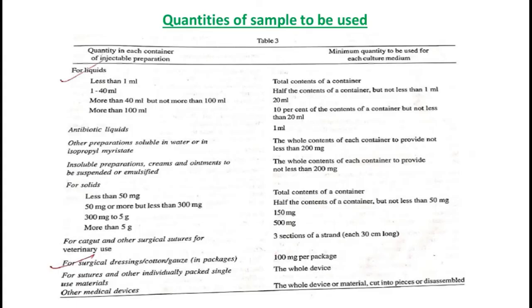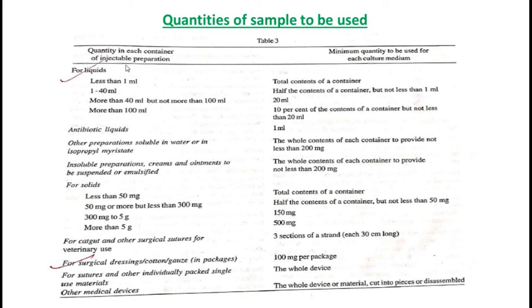Let's see about the quantities of the sample that is to be tested for sterility testing, and that can be referred from table 3 and table 4 as per Indian Pharmacopoeia. This table gives the information regarding the minimum quantity to be used for each culture medium, and that depends on the quantity of the product in each container and the type of product.